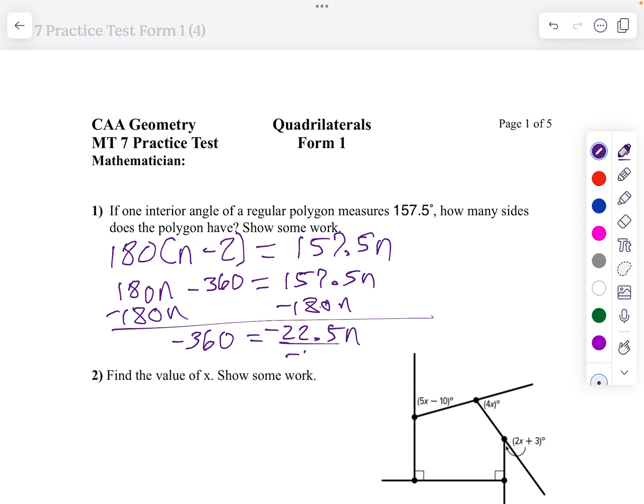Divide both sides by negative 22.5. And we get how many sides this has. And it's 16 sides is what we should get for that answer.